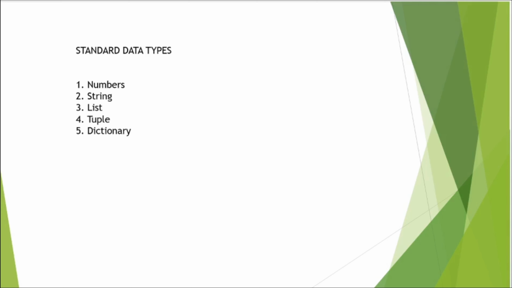And in the number data type, basically 4 types of data can be stored. The first one is the integer type, that is without decimal, like 1, 2, 3, 4, 5, 6, whatever.